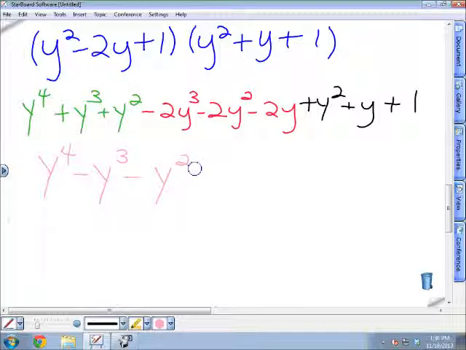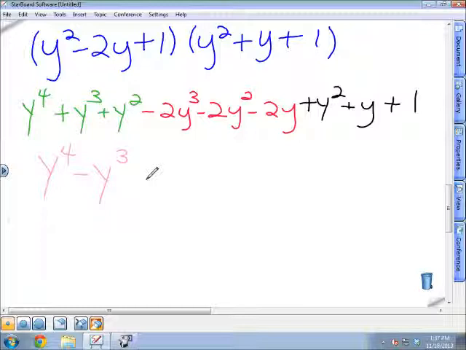Oh, wait, we have 3 of those, don't we? I'm sorry. I didn't see the other one. Why are you writing all that stuff? I'm combining like terms. Yeah, but we still have another cube. Y cubed minus 2y cubed. Yeah, they match. That's minus y cubed.